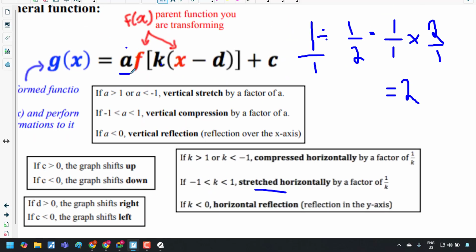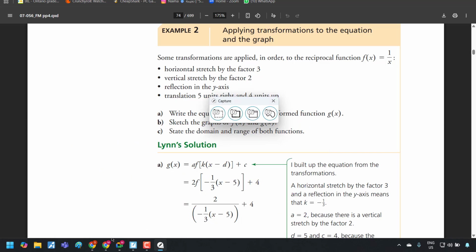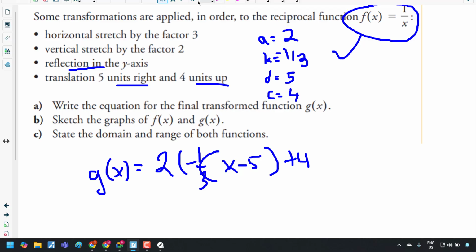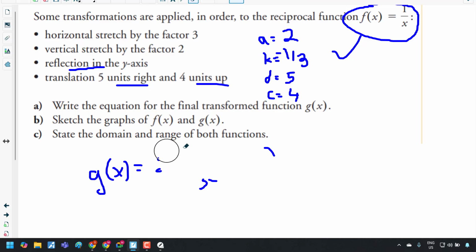This is our general equation. A comes first times the function, and in the brackets you have k times, and then another bracket x minus d, close bracket, plus c. Now the function f, how do I show this? I'll show you how to do that. Our function is 1 over x, so the correct way to do this is as follows.